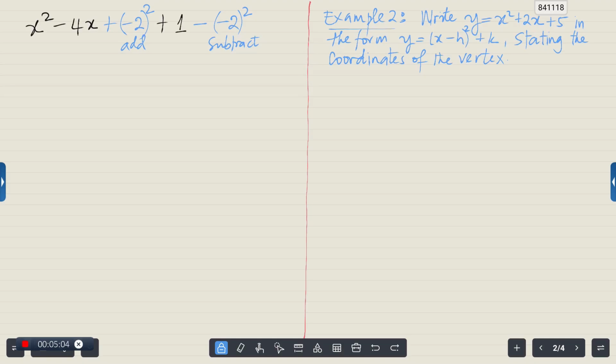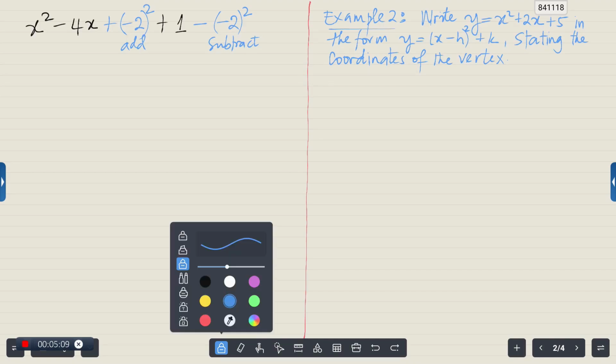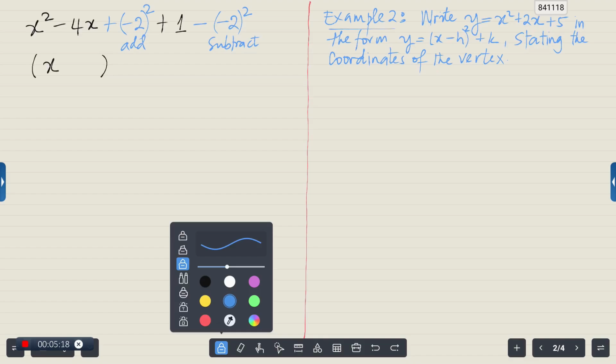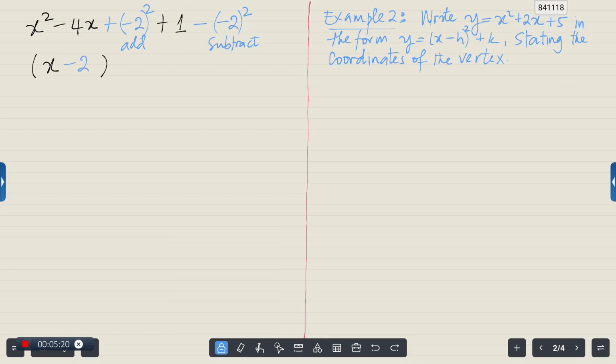Now, from this point, we produce a bracket to form a perfect square. This becomes x minus 2 all squared plus 1 minus 4. y equals this, y equals this.